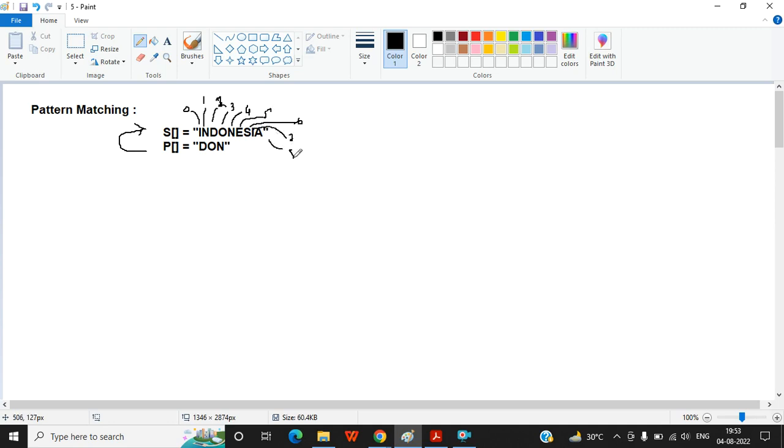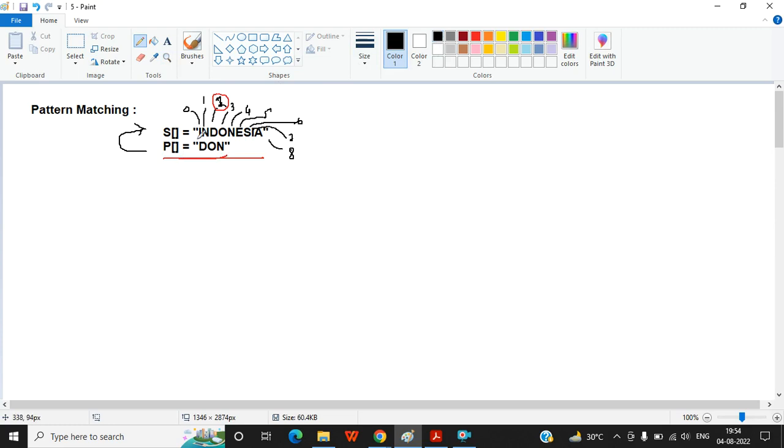So these are the positions. Here we can see our pattern starts from position 2, so this algorithm will return 2. So this is the aim.